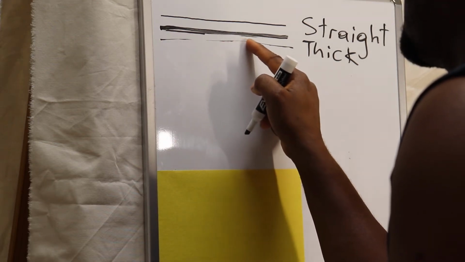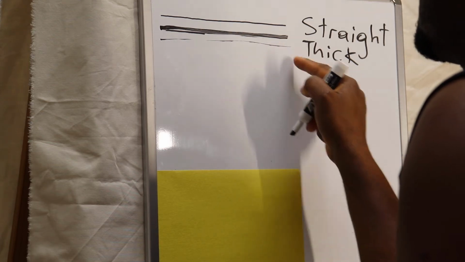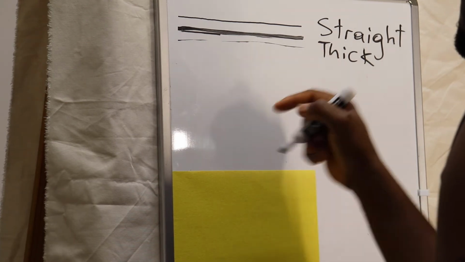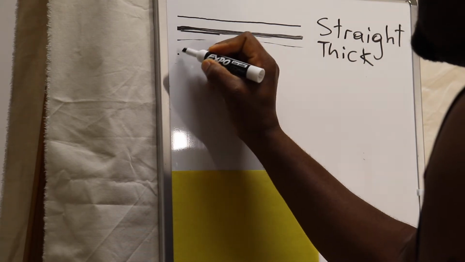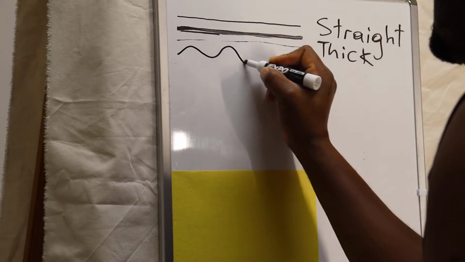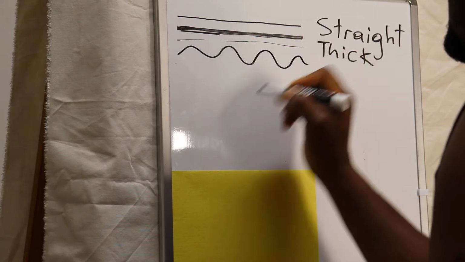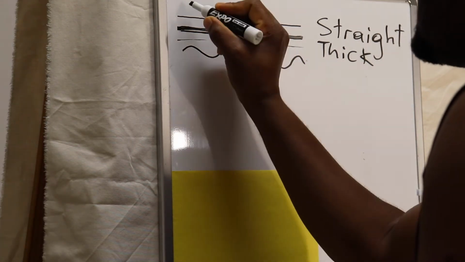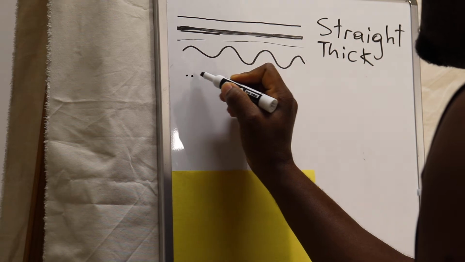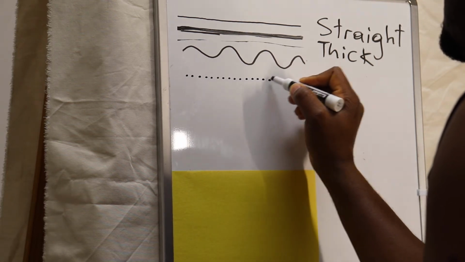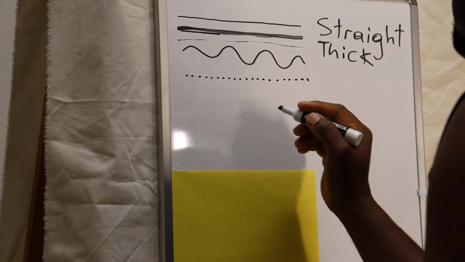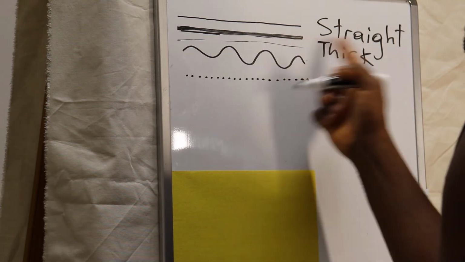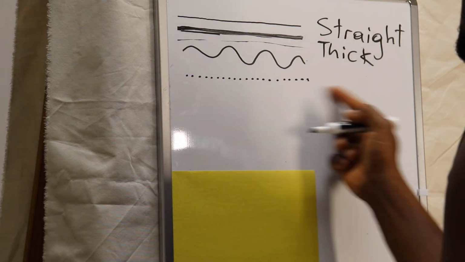So there are many ways in which you can present this element. So you have a thick line, a thin line, straight line, you have wavy line, good. Then we have a dotted line, good. So you could write in or label all of those: thin line, wavy line, dotted line.